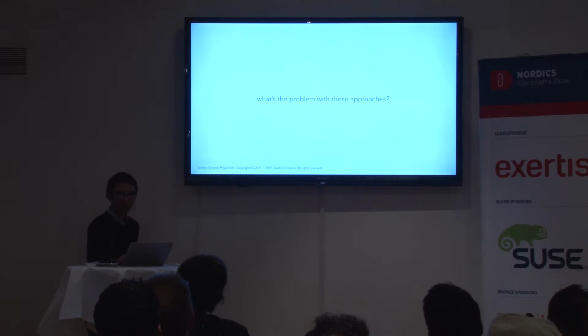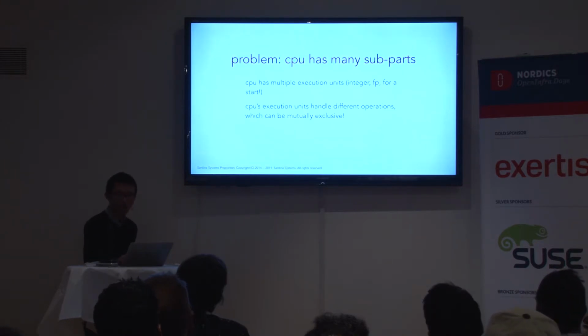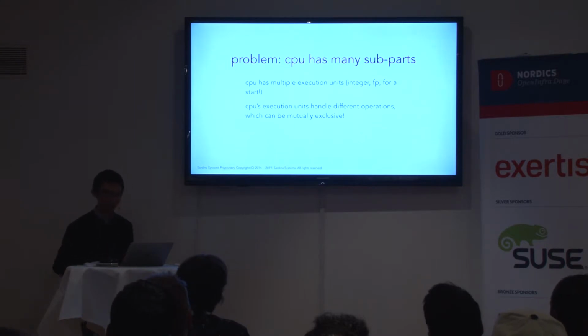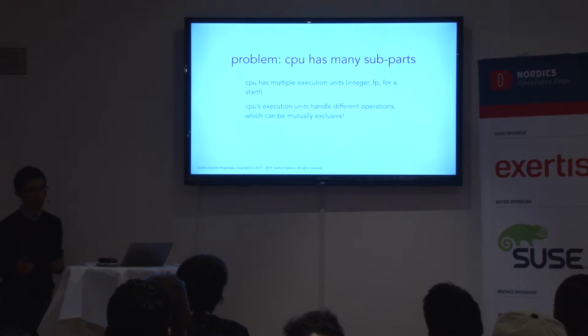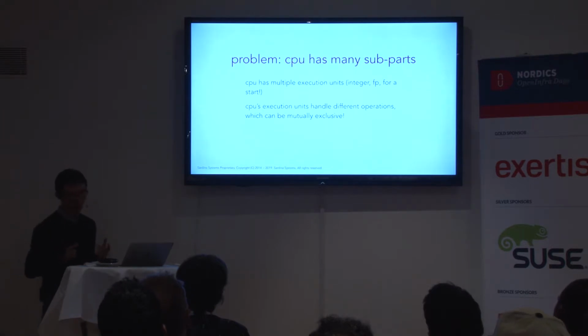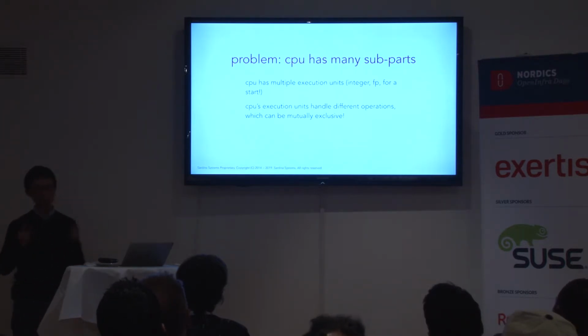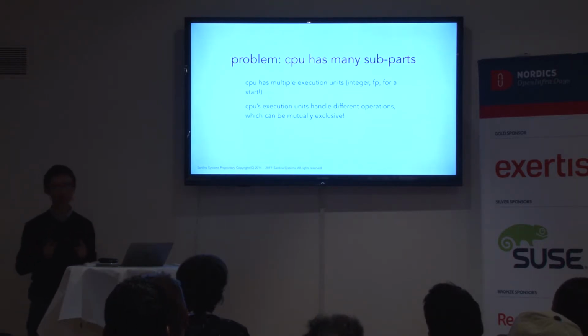Yeah? So what's the problem with these approaches? First off, CPU has many subparts, and the CPU is able to handle operations executing in different parts in parallel. And they can be mutually exclusive.